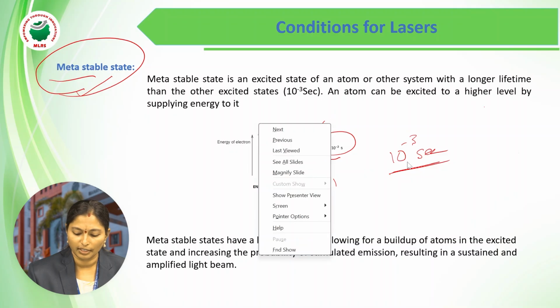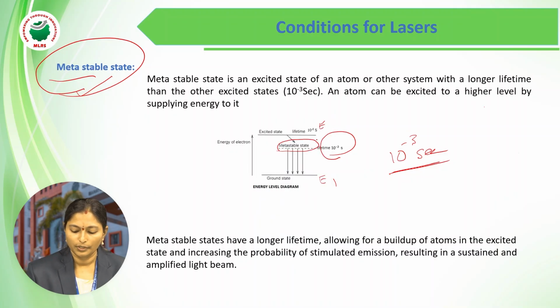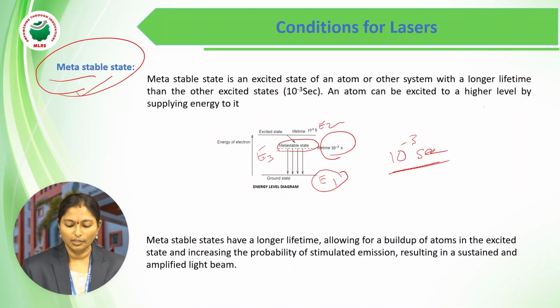For example, E1 is the ground state and this is the excited state, which I am going to write as E3. At first all the atoms are in the ground state. After giving some energy, they go to the excited state.